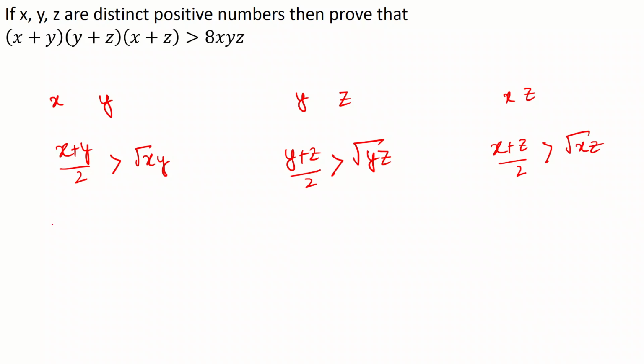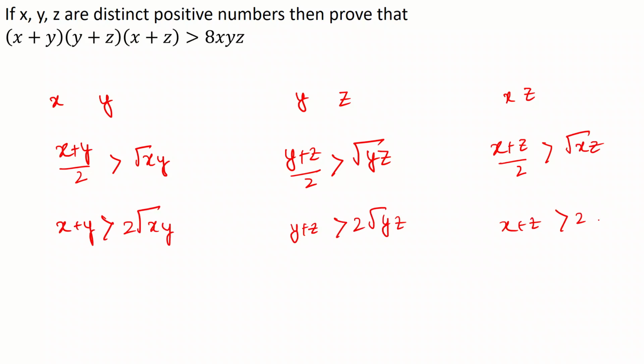Now let's cross multiply for each and every one of them. We have x plus y greater than 2 root xy, y plus z greater than 2 root yz, and x plus z greater than 2 root xz. Consider these to be equation number 1, number 2, and number 3. Now I just multiply all of these three equations.